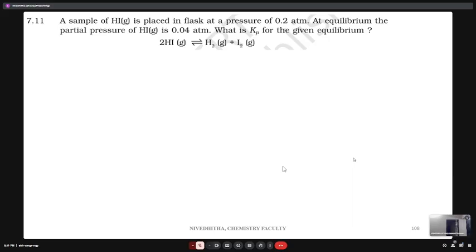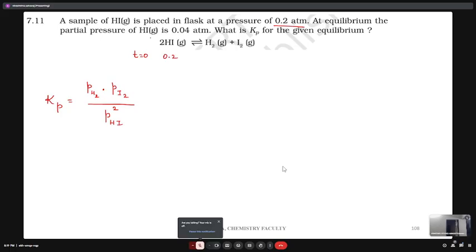What is the expression for Kp? Kp is equal to partial pressure of product divided by partial pressure of reactant. So here the products are hydrogen and iodine divided by partial pressure of hydrogen iodide, the whole square, right? At time t is equal to 0, what was the initial pressure of hydrogen iodide? It is given as 0.2 atmosphere.